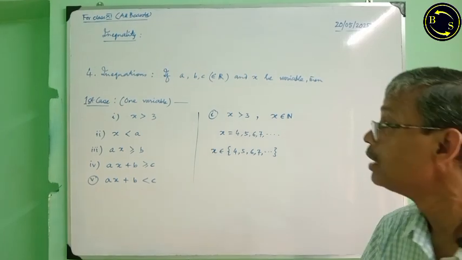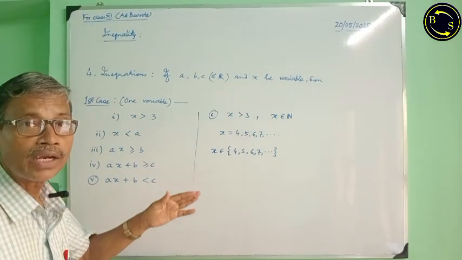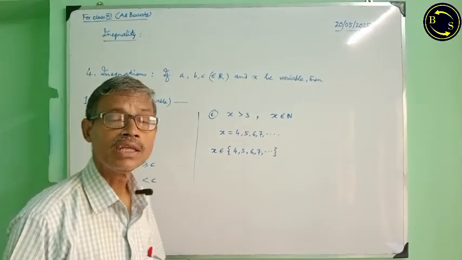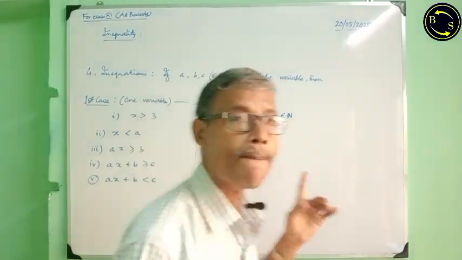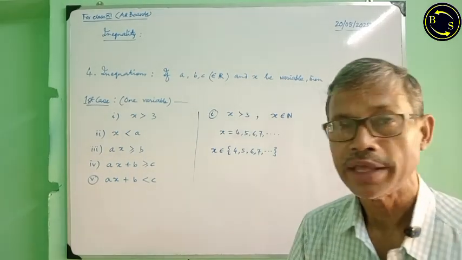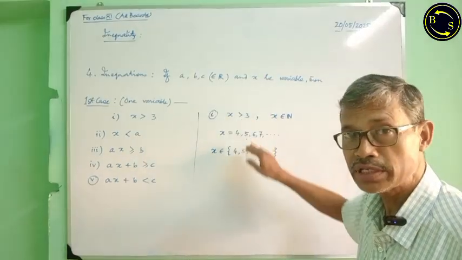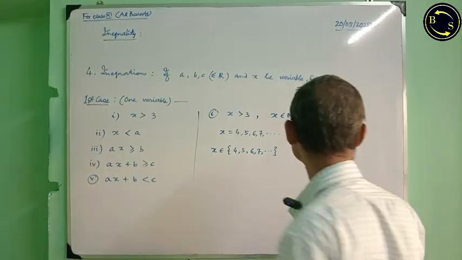And one thing I must mention here, sometimes it is required to represent the solution set using a number line. First I have taken this one, I can represent this on the number line.